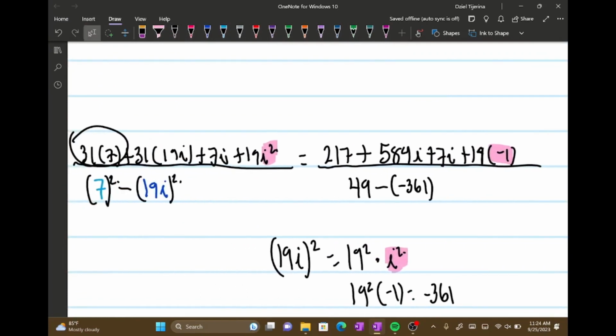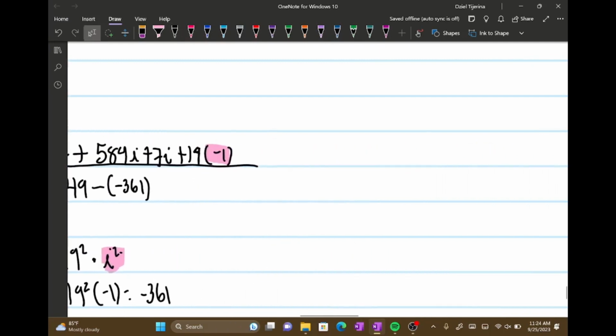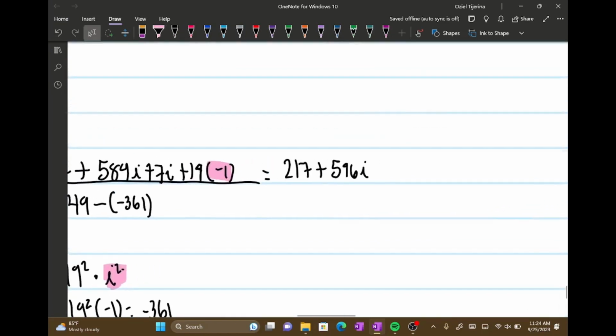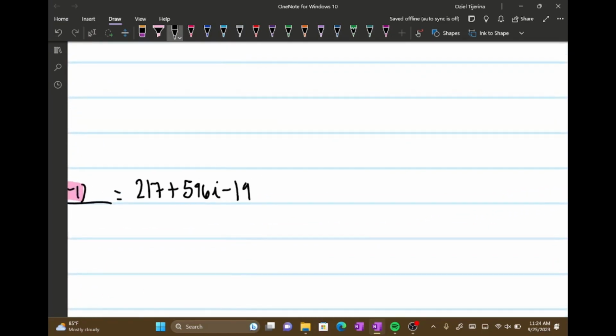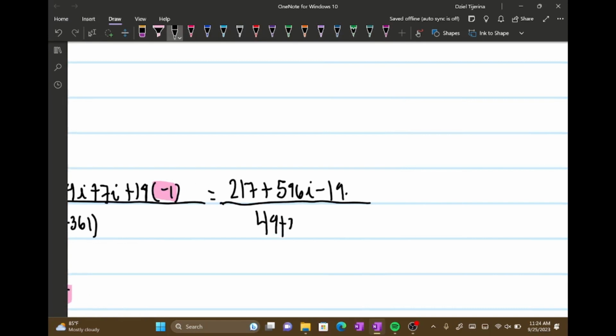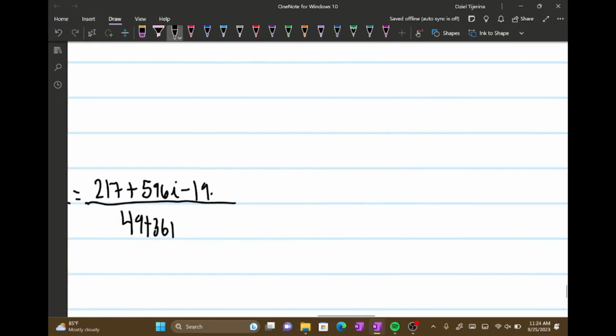Okay. So then this becomes, so we have 217 plus 589 plus 7, that's 596i, and then minus 19. So then over here, we're just going to simplify this stuff, and then we have over 49 plus 361.